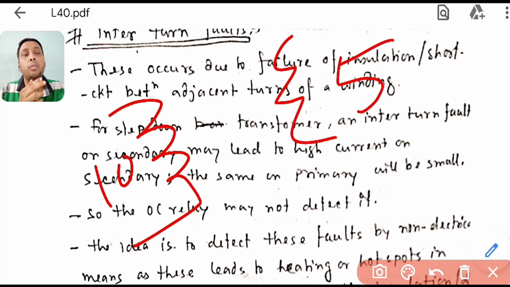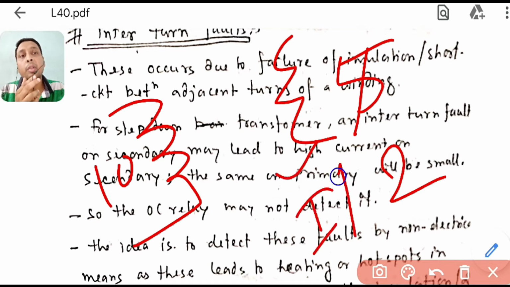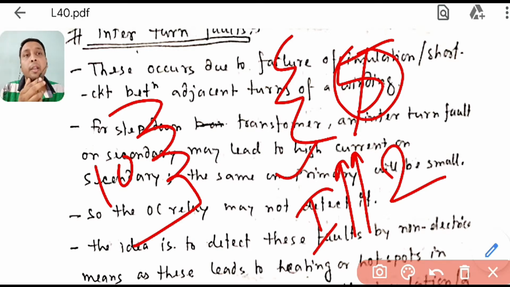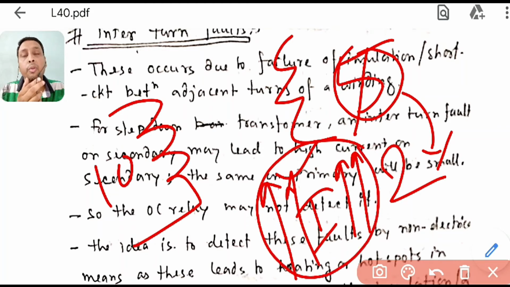Now due to this inter-turn fault, it is reduced to 2 or 3. Originally the current is already high here, because in the turn ratio, if turns are fewer, voltage is small and current is high. Now you have reduced it further, so current will increase more. Here the turns were already low, and if you lose another turn, the current will be aggressively high.